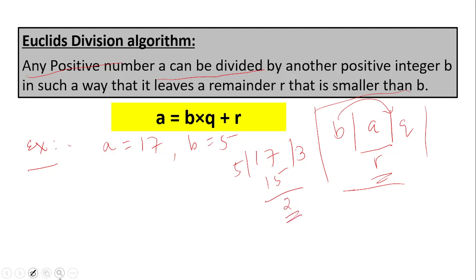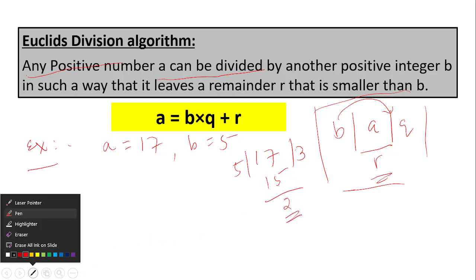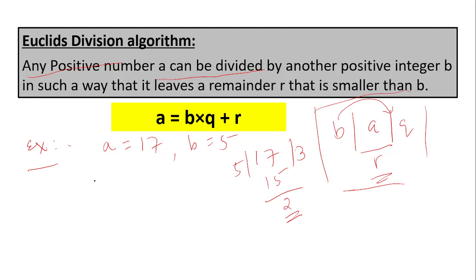In this case, q is equal to 3 and r is equal to 2. And we can express this as Euclid's division algorithm: 17 is equal to b into q, that means 5 into 3, plus 2.